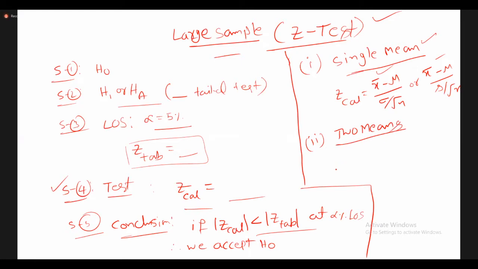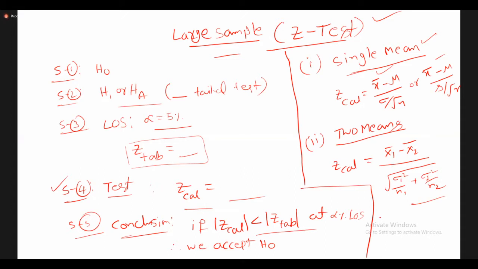In that case, the Z calculated formula is x1 bar minus x2 bar by root of sigma 1 square by n1 plus sigma 2 square by n2, or s1 square by n1 plus s2 square by n2. Already we covered these two in last sessions.